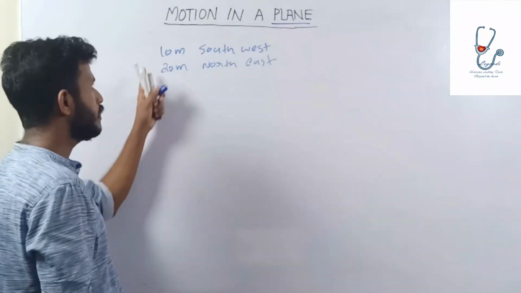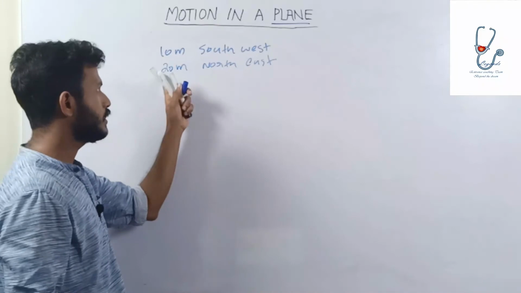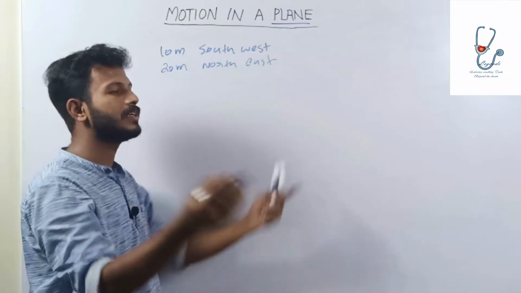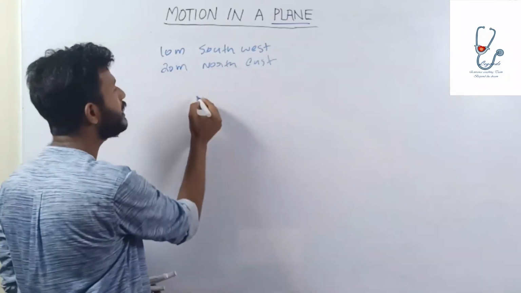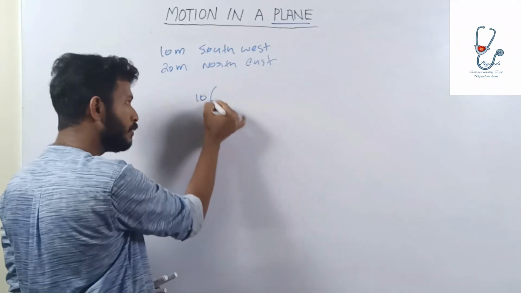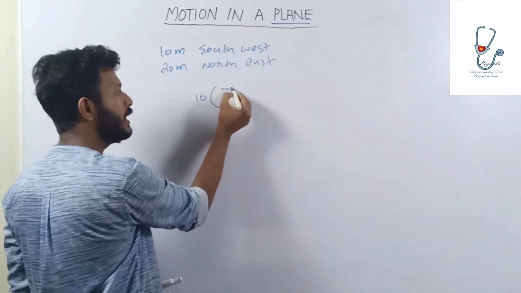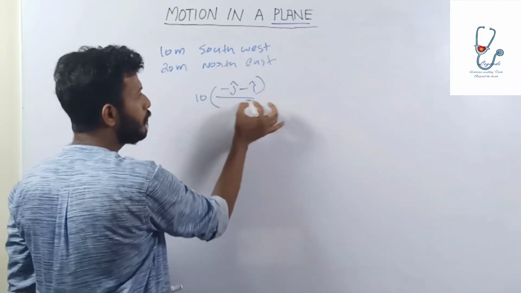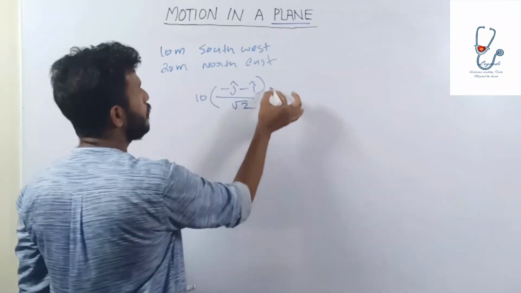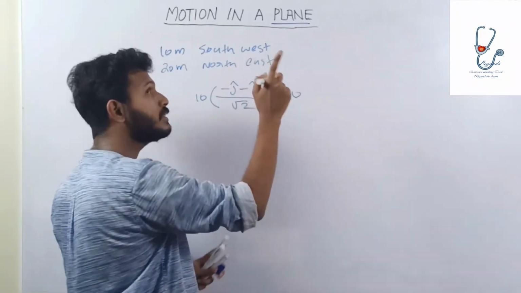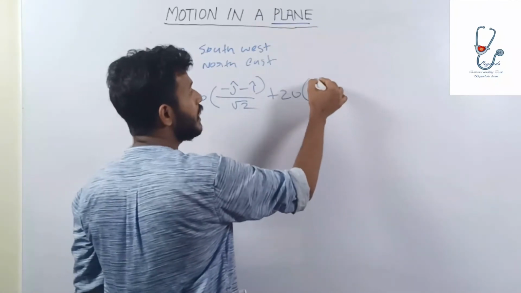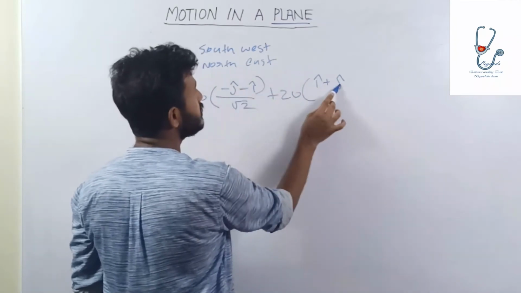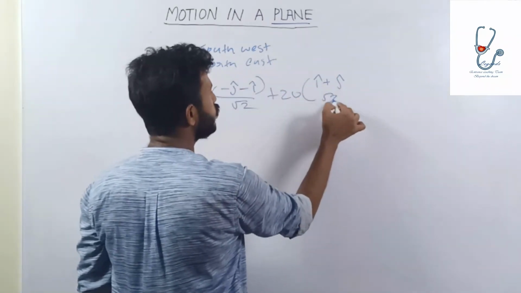Okay. One more example. A man moves 10 meter southwest, 20 meter northeast. What is his displacement? 10 meter southwest: 10 into south minus j cap, west minus I cap, by root 2. Plus 20 northeast: north plus j cap, east plus I cap, by root 2.